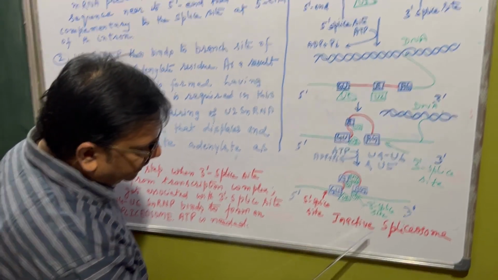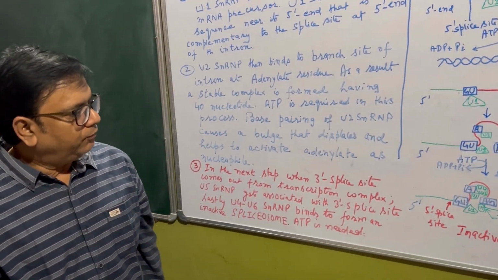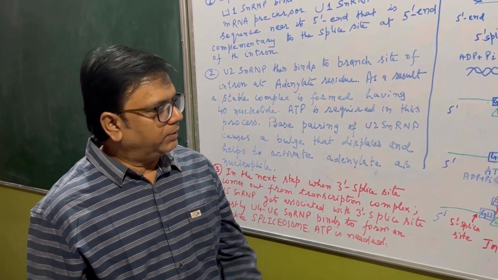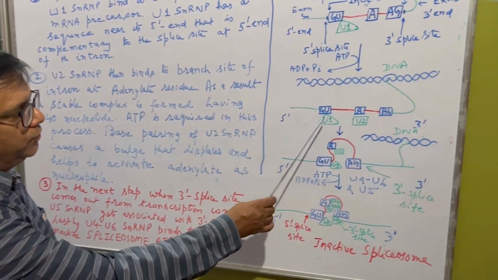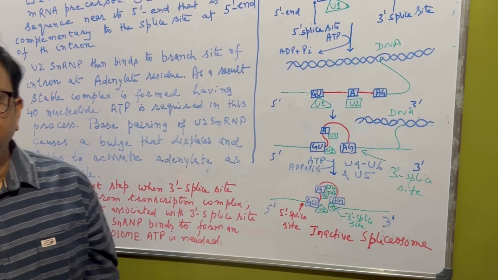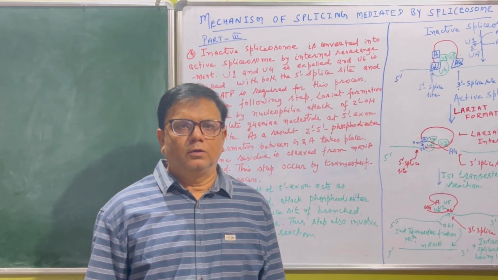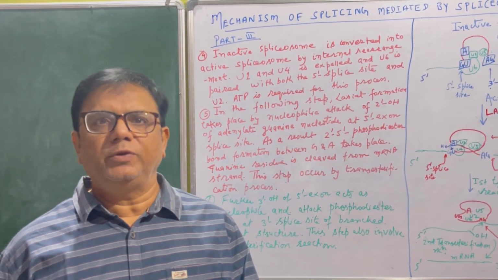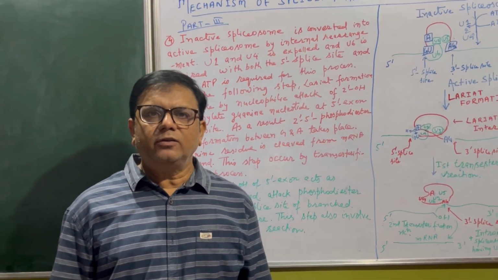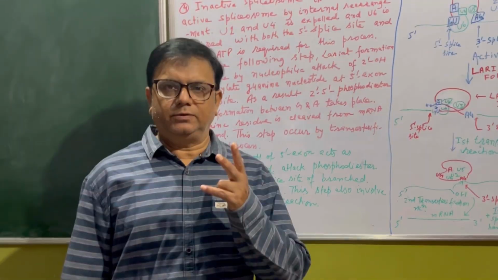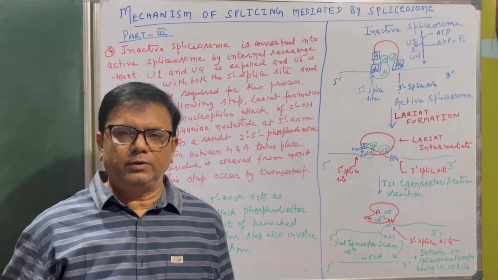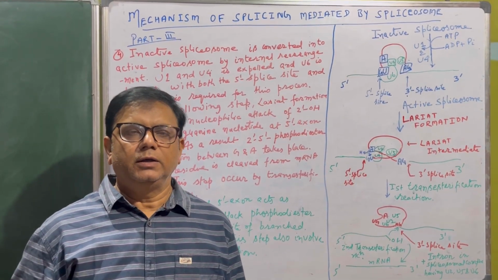You already know that the spliceosome is made up of 5 fundamental snRNPs: U1, U2, U4, U5 and U6, U3 is not there. Once the inactive spliceosome is formed, it is converted into an active spliceosome by expelling 2 snRNPs, U1 and U4, from the assembled complex.